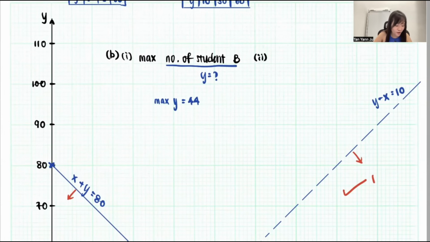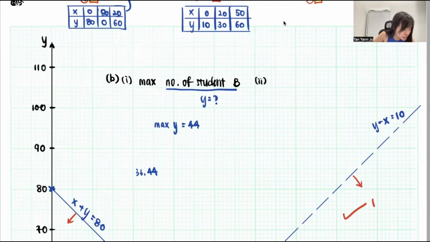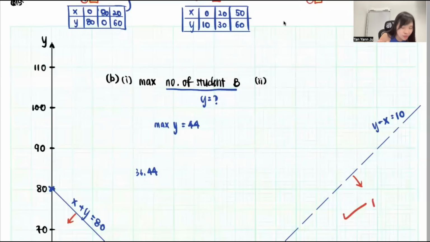Next one, second part. So B2, what are they asking? They say all students that participate in the seminar have to pay a registration fee. Everyone needs to pay a registration fee plus the seminar fee after that. Every student from class B has paid a deposit of 4 ringgit.